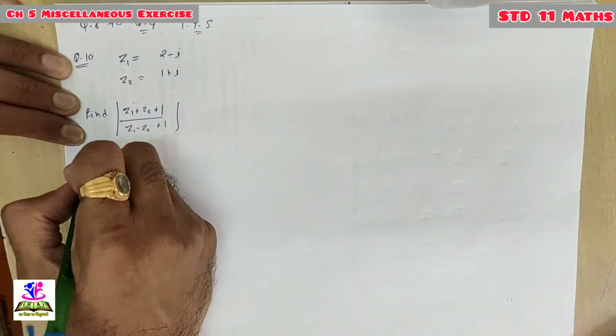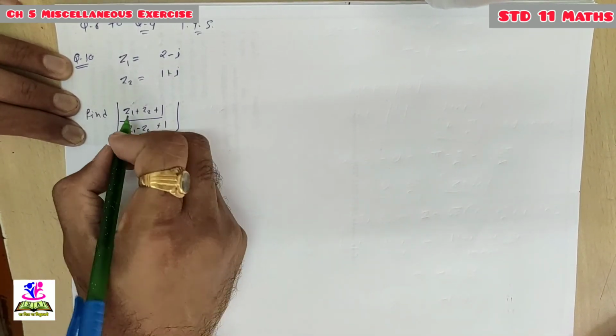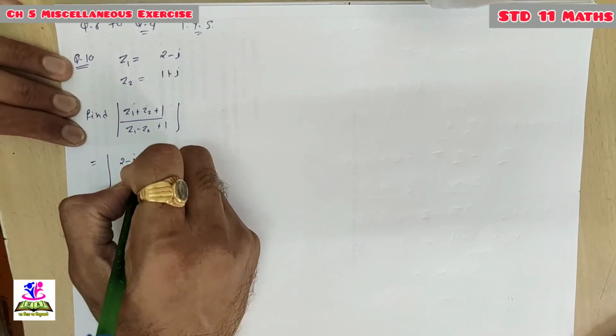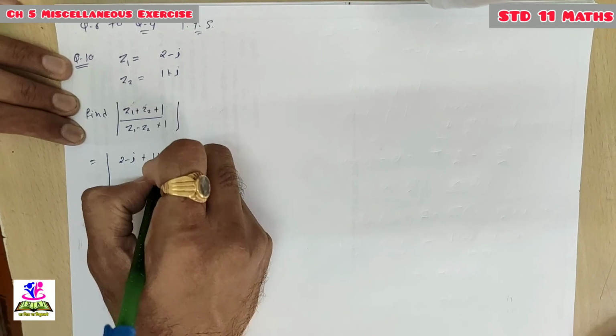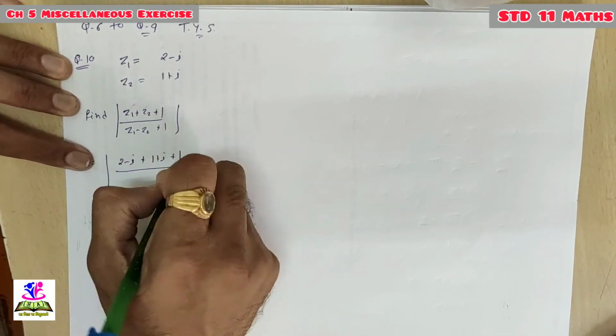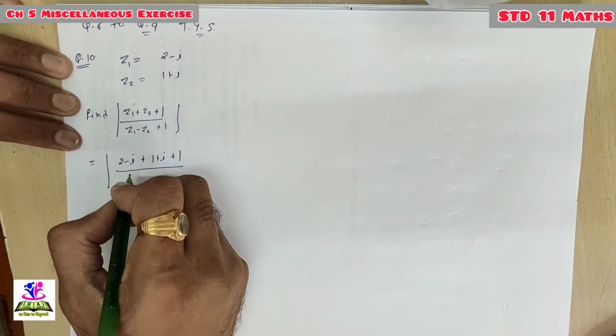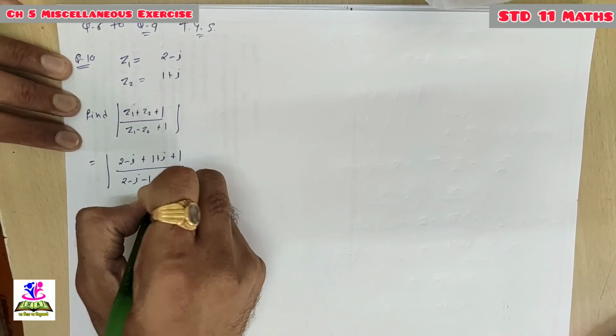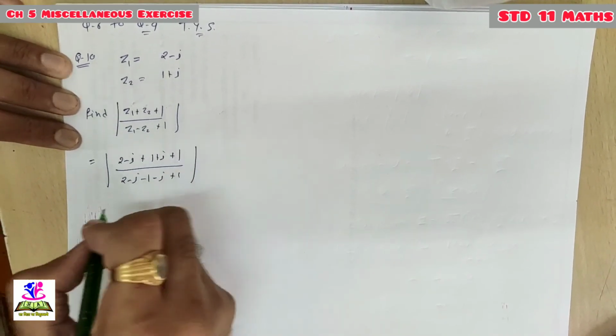Its value has to be found. It's mod of z1 plus z2. Put the values of z1 and z2: 2 minus i plus 1 plus i plus 1, divided by z1 minus z2, 2 minus i minus 1 minus i plus 1.